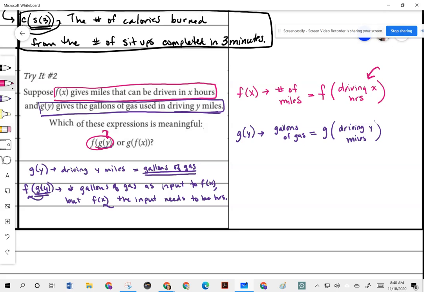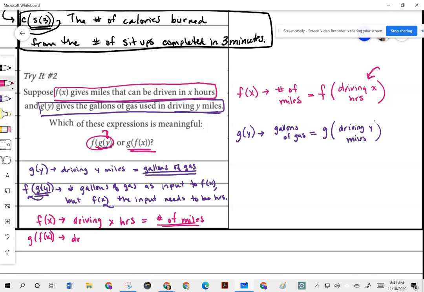So let's take a look at f of x, right? Let's do this one right here. Well, f of x is going to give you, based on the number of hours driving, so driving x hours is going to give you the number of miles. And then g of f of x says you're taking the number of miles.